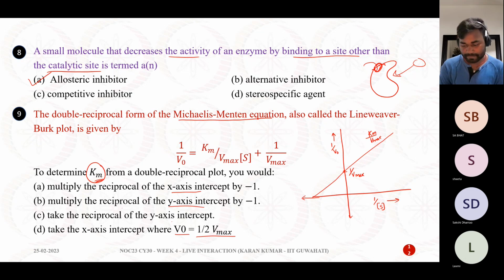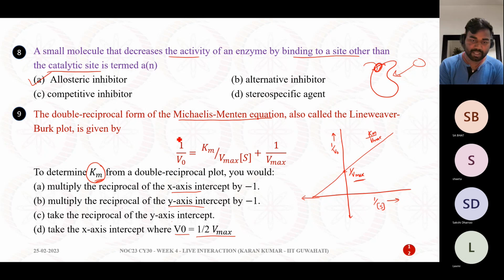Any idea? Anyone? If this is 1 by Vmax, what will be the x-intercept?